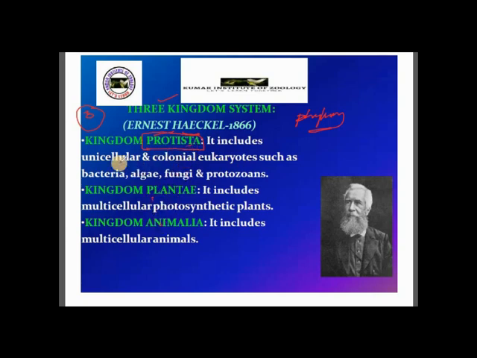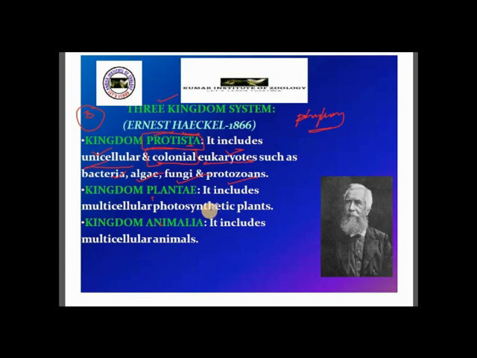Protista includes unicellular and colonial forms. So colonial forms are also included in the Protista, and all are eukaryotes. So Protista was specially designed for the eukaryotes, especially for unicellular and colonial forms. And here in the Protista, Haeckel also included bacteria, algae, fungi and protozoans.